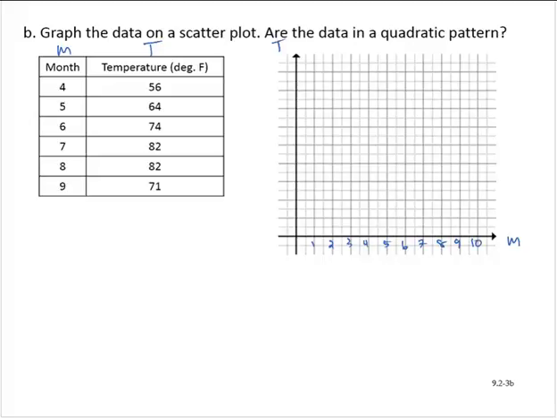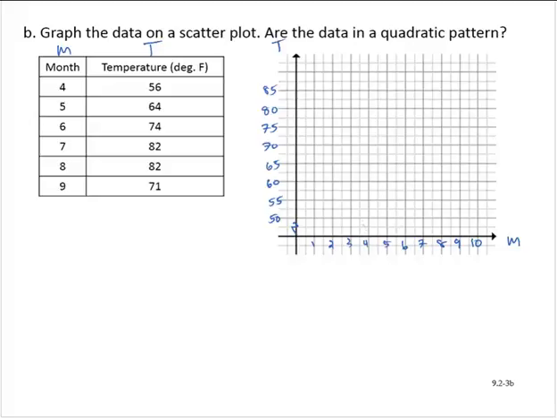Temperatures go from 56 to 82, so let me put a break in the axis, and we'll start at 50, 55, 60, 65, 70, 75, 80, 85. And now we'll plot some points here.